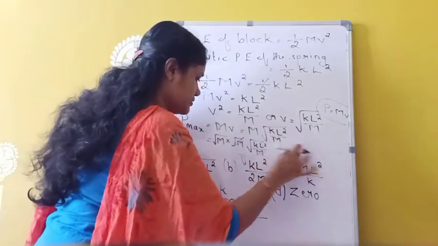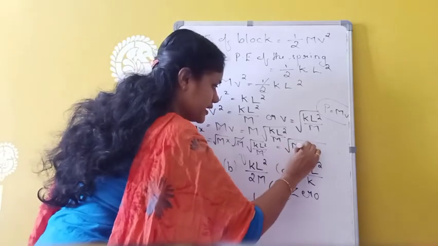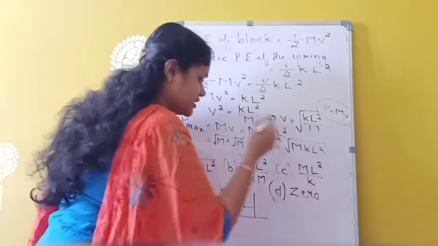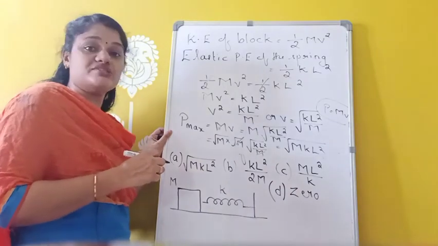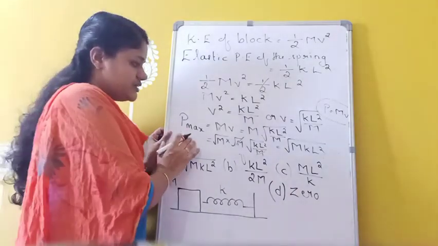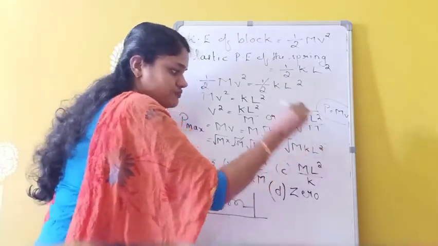Remaining, what is the final answer? Root of M K into L square. So this is the maximum momentum of the block after collision.